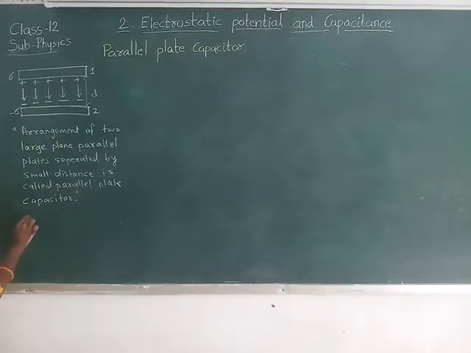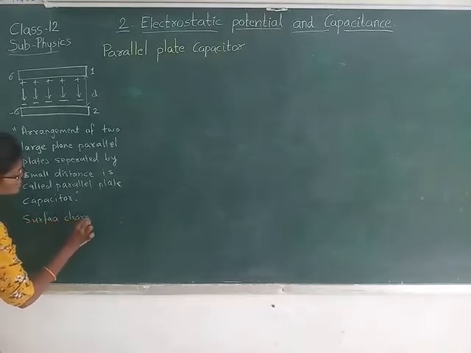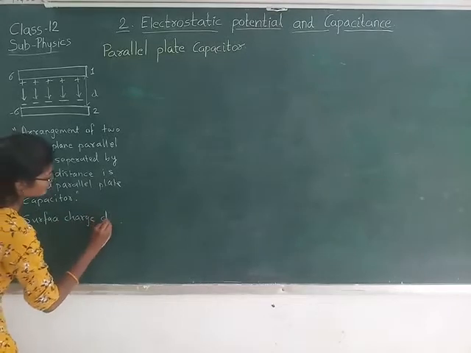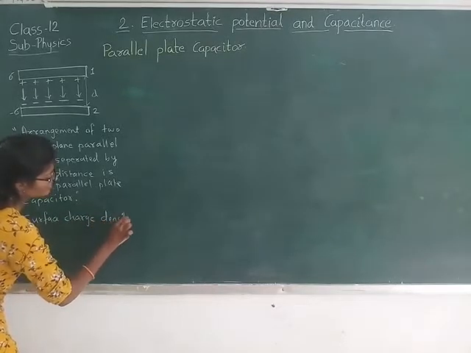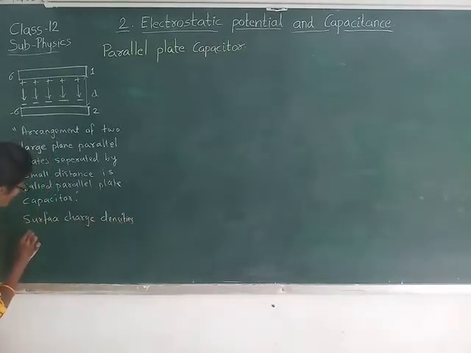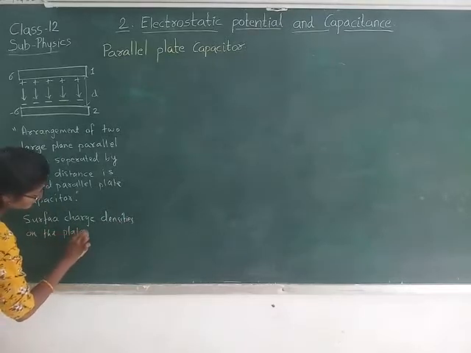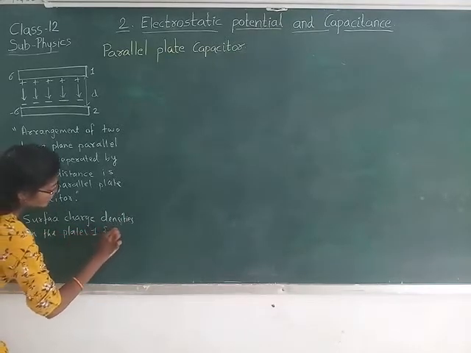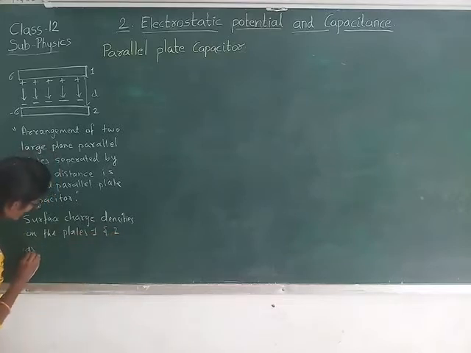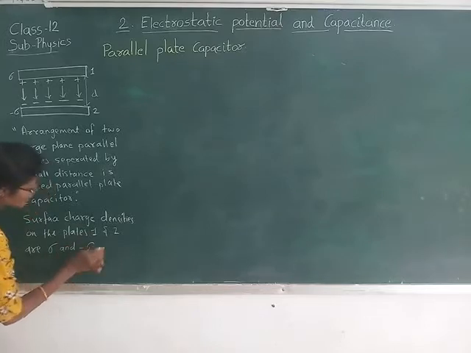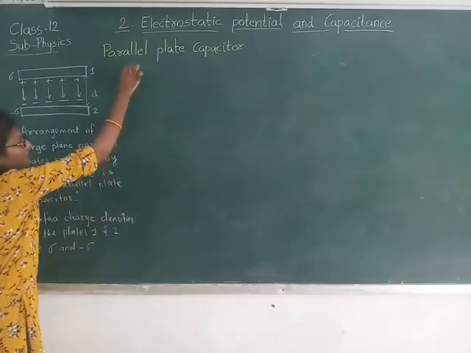So the surface charge densities on the plates 1 and 2 are sigma and minus sigma.